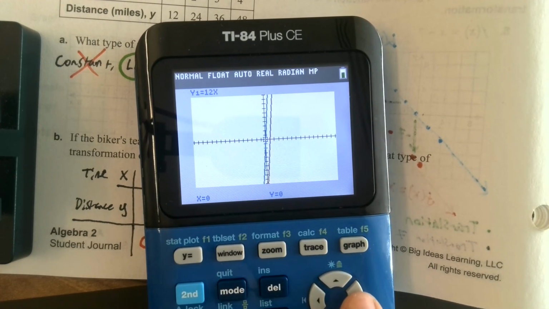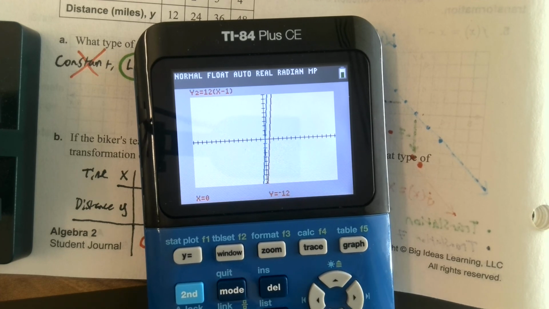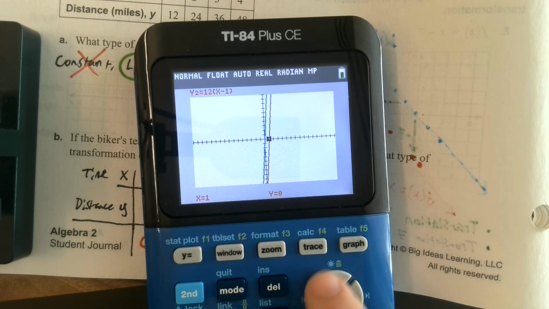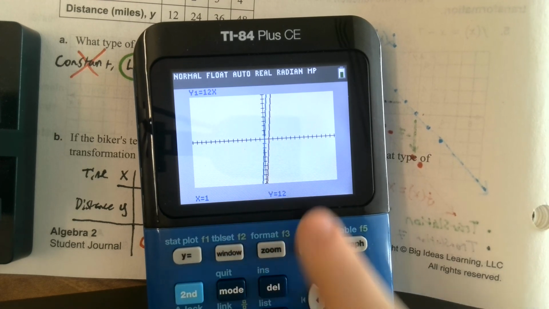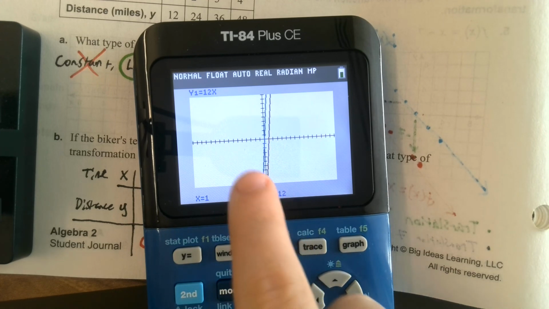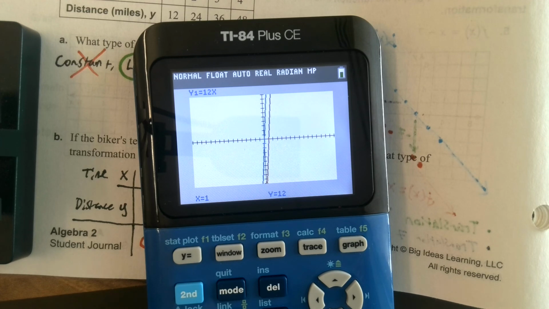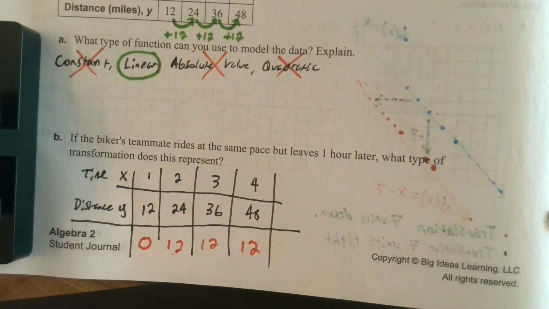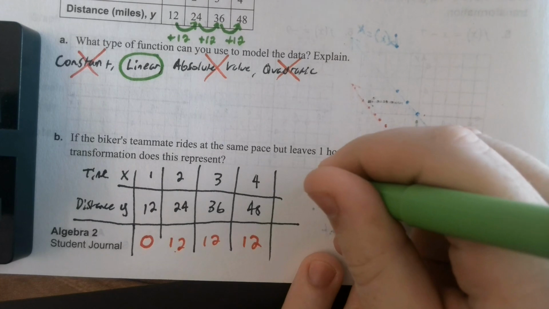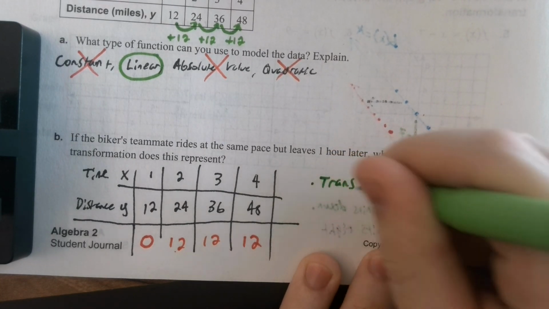So if we compare these two, let's take a look. When x is 1 on the red line, we're at y equals 0. When we were looking at the blue line, we were already at 12. So it looks like this transformation is just moving it 1 unit to the right. This transformation is a translation 1 unit to the right.